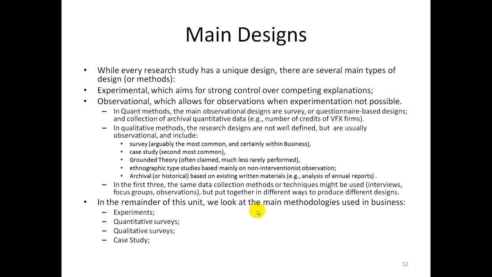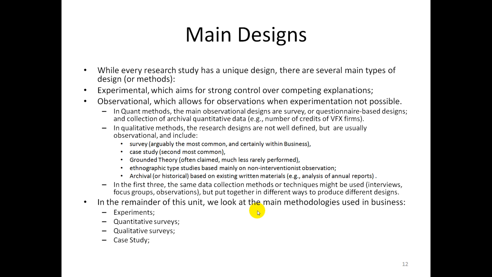Another common research design for qualitative methods are ethnographic type studies, based mainly on non-interventionist observation. The primary techniques within ethnographic studies are observation, systematic observation. The last common qualitative research design used are archival or historically based methods based on existing written materials, for example, the analysis of annual reports.